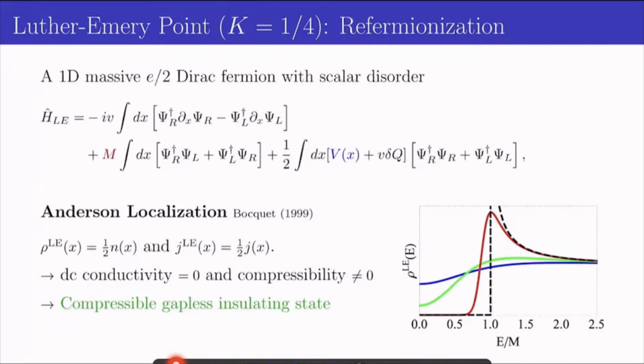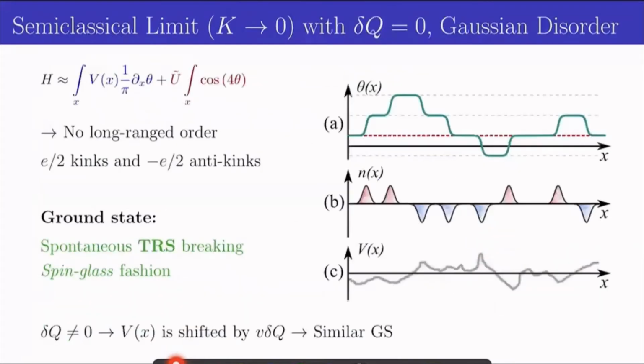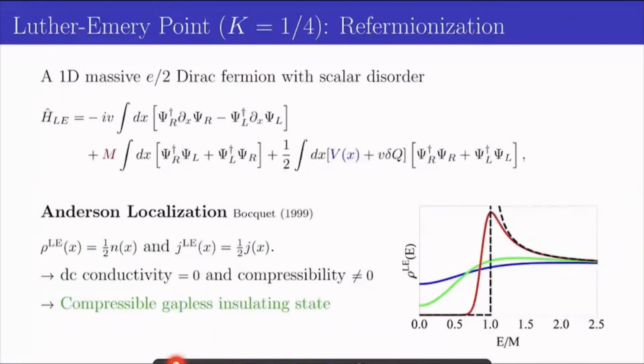Luther-Emery fermions actually carry half of a charge. And this half charge notion is consistent with the semi-classical analysis of the kink and the anti-kink. Therefore, we can conclude that the localization is as if there is a half charge particle being localized.